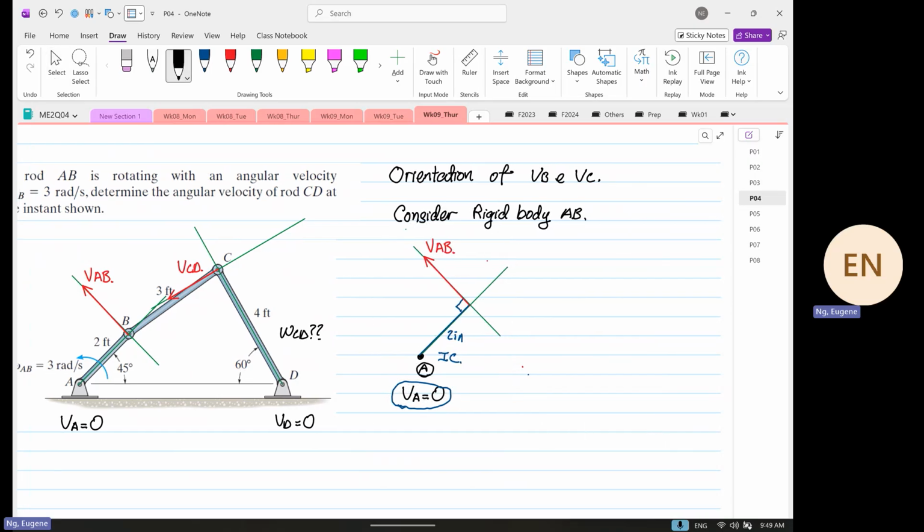So therefore, VB is equal to omega AB multiplied by the distance AB.